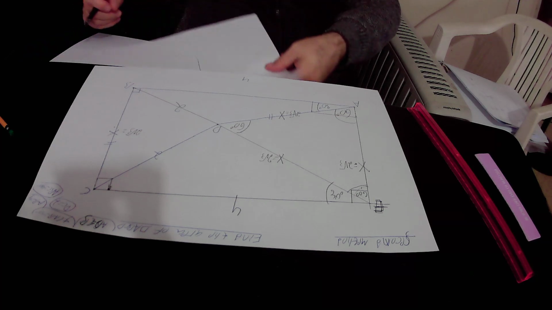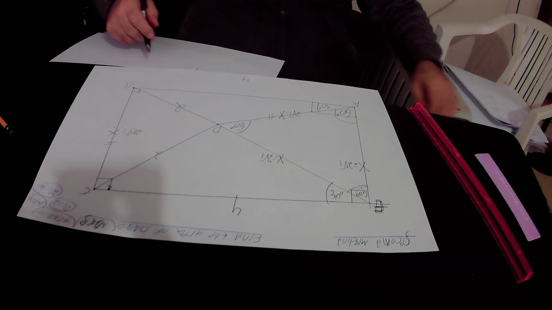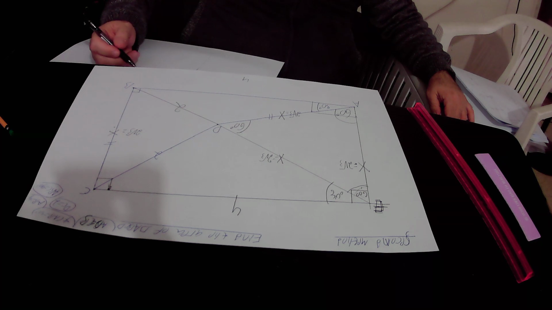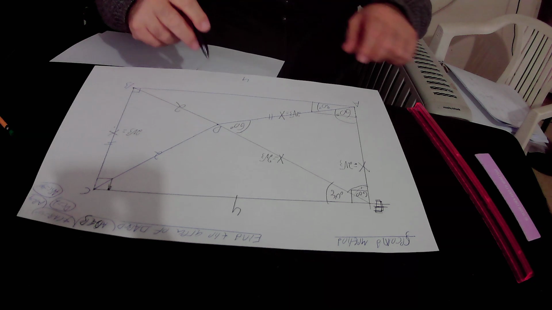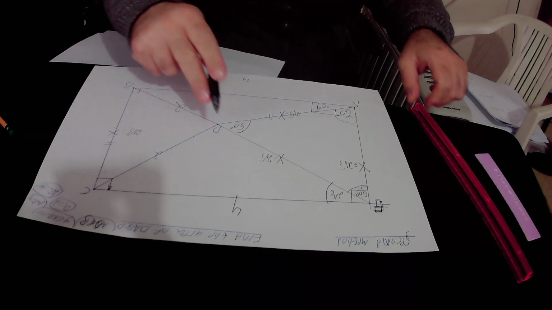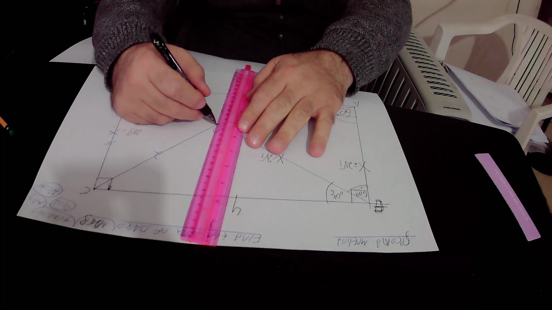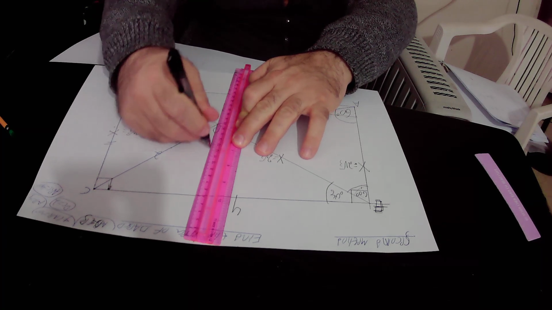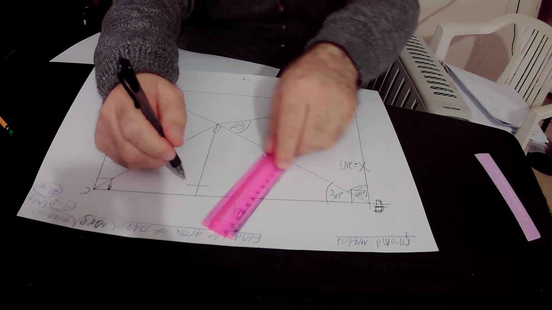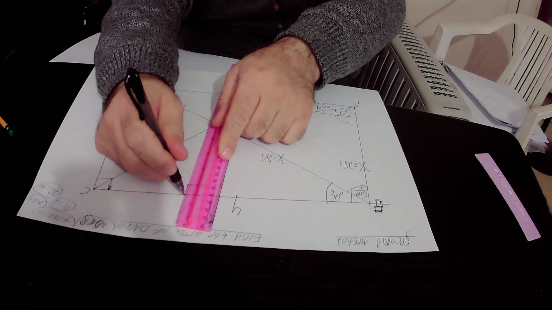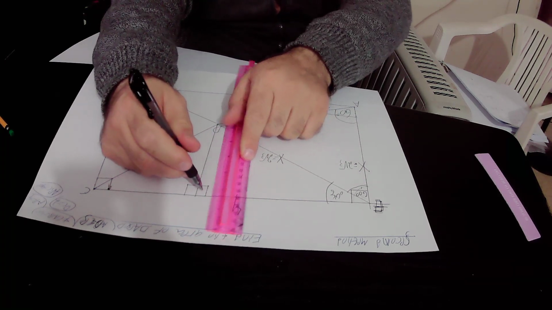In order to find out the area of triangle CDE, this triangle, we will draw a perpendicular from point D to CE. So this angle is a right angle, it equals 90 degrees, and this angle is also a right angle.